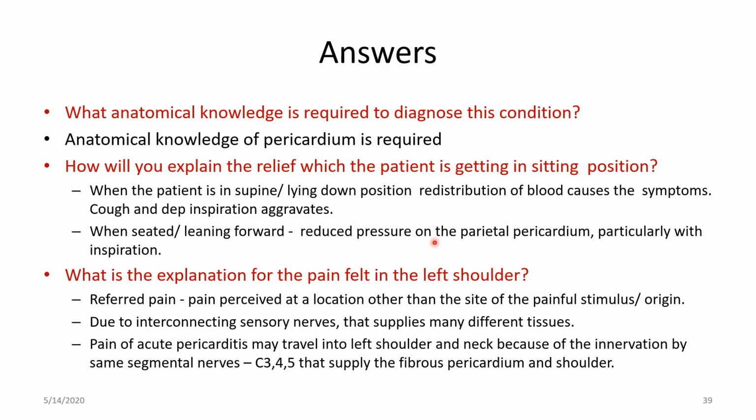The pain will be felt in the area of distribution of the same segmental nerves. In the present case, the pain of acute pericarditis will travel to the left shoulder and neck because of innervation by same segmental nerves, that is C3, 4, 5, that supply the fibrous pericardium and shoulder.